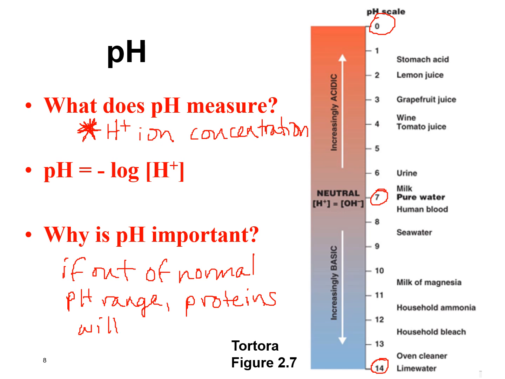Remember that they will denature. So not only will high temperatures denature proteins, but also if they're out of their normal pH range, that also makes them denature and unfold. They lose their shape and then they can't do their jobs anymore. And then that could kill the microorganism as well.